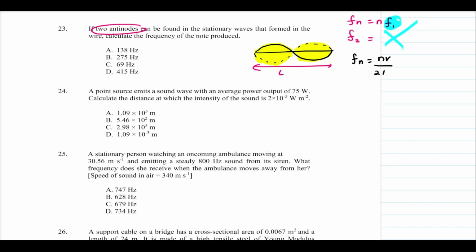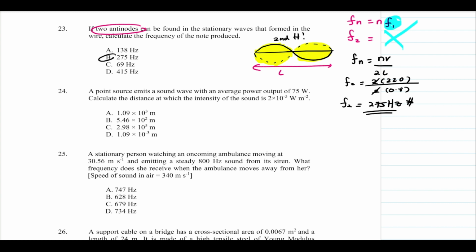So we just substitute N, the number of the harmonics. So this is second harmonics. So saya akan terus kira. F2, V tadi adalah 220 bagi 2, L saya adalah 0.8. Finally, frequency for second harmonics is 275 Hz.